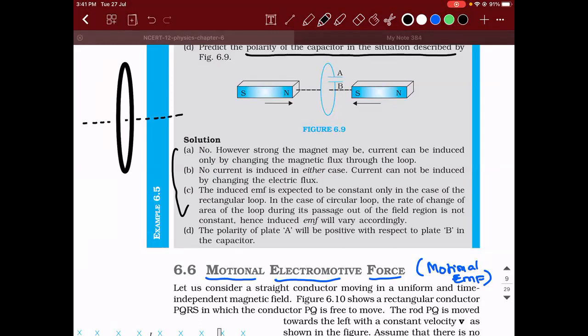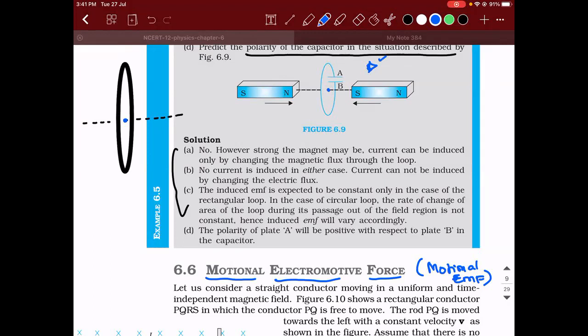The axis which is reaching the center is the side from which you are supposed to see. That is the side you are actually able to see. Is that clear? So whenever you see the axis which is entering the center, that is the side from where you are supposed to see.